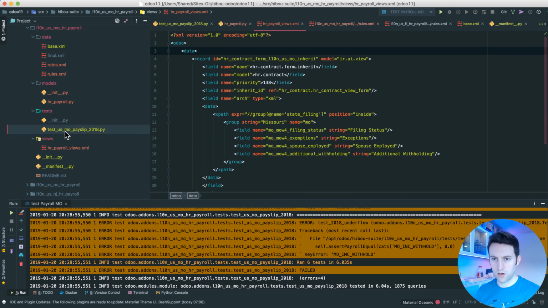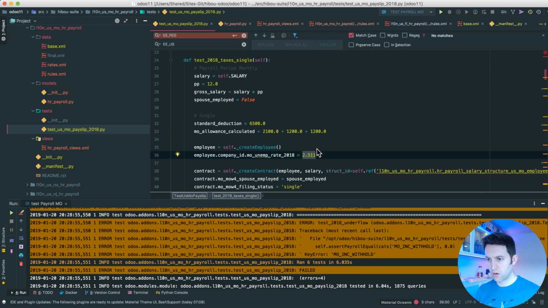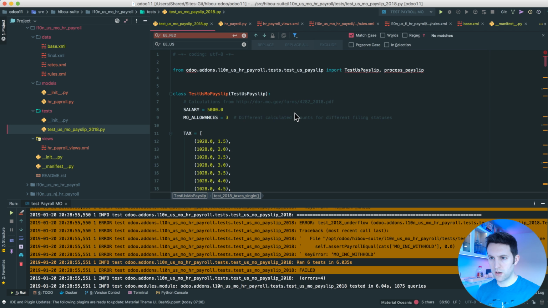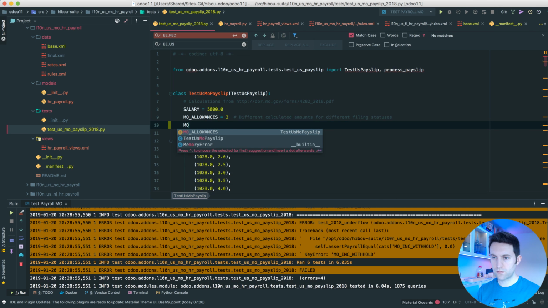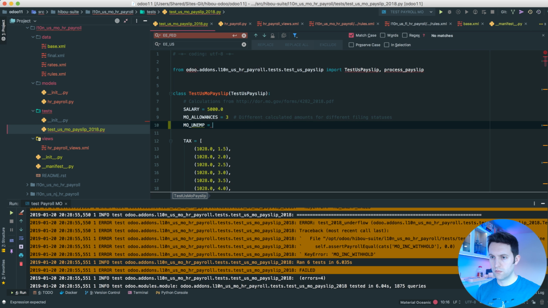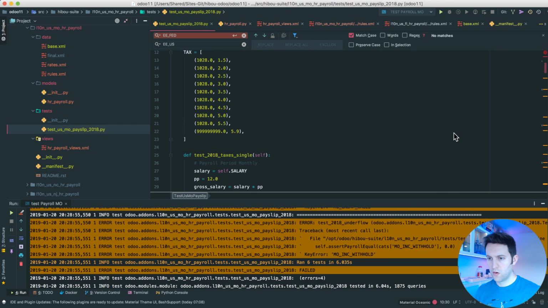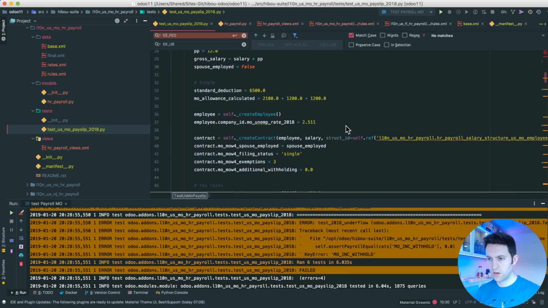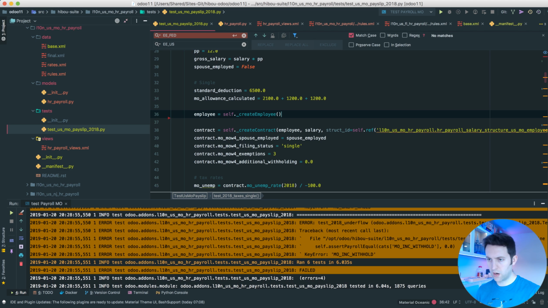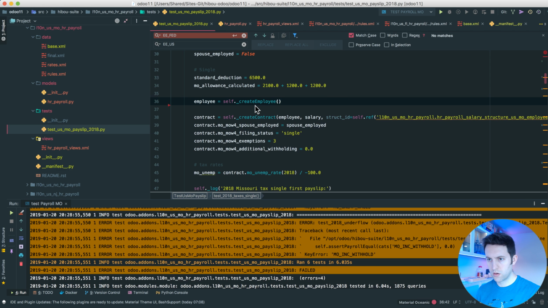Great, and so now we can come back to our tests. We're going to extract this out and make it into a class variable. All right, so we don't care about that anymore.